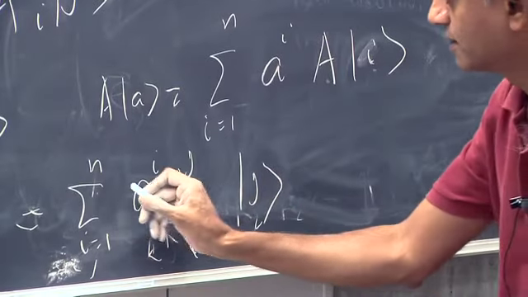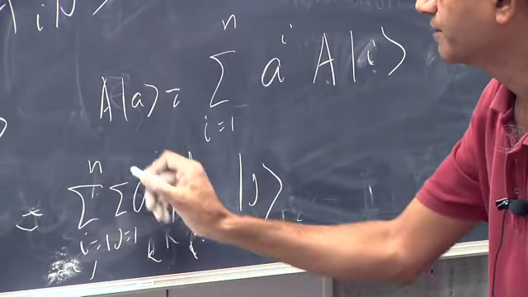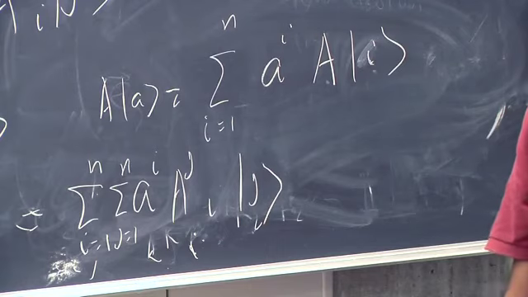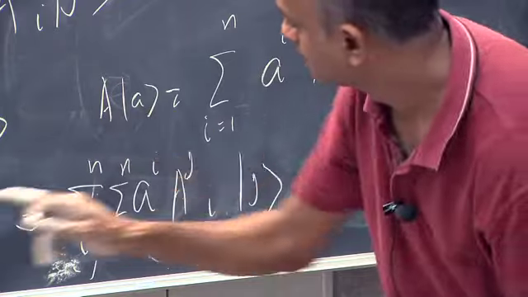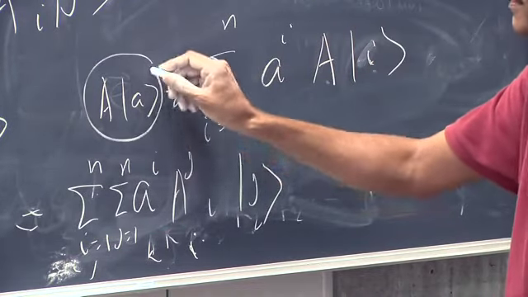So there's a double sum here now, J equal to 1 to n and I equal to 1 to n.